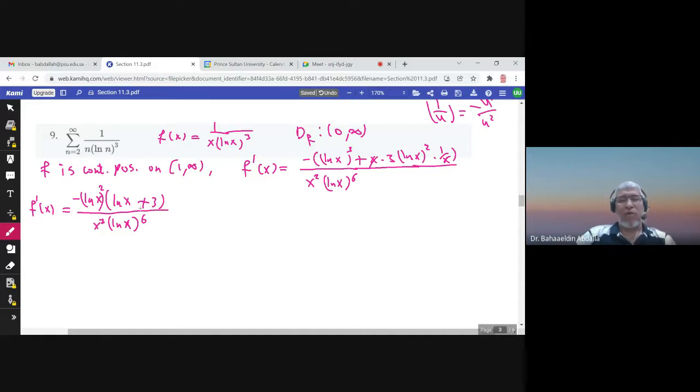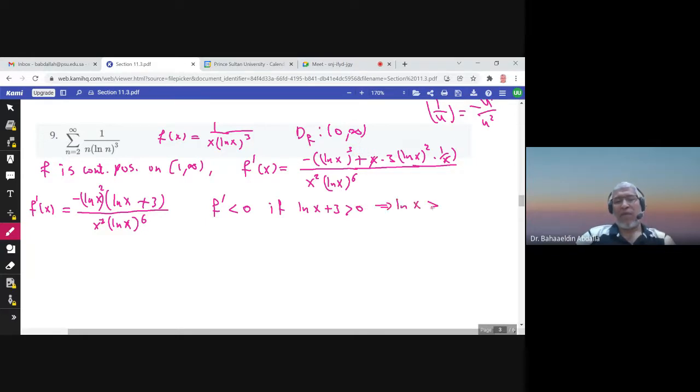So if ln x plus 3 is positive, then f prime would be negative because of this sign. So f prime is negative if ln x plus 3 is positive.